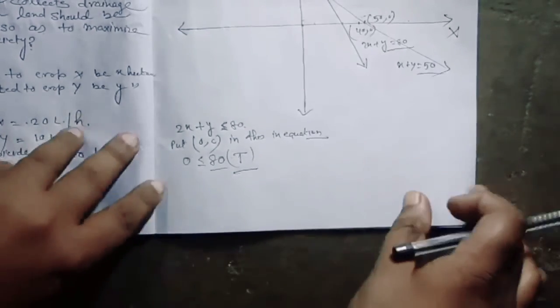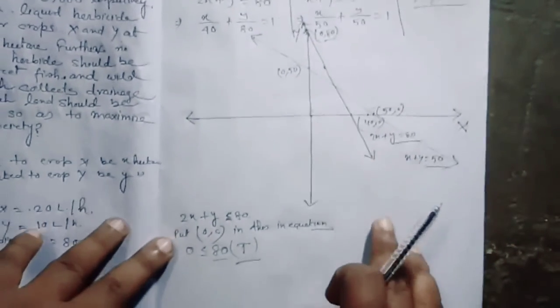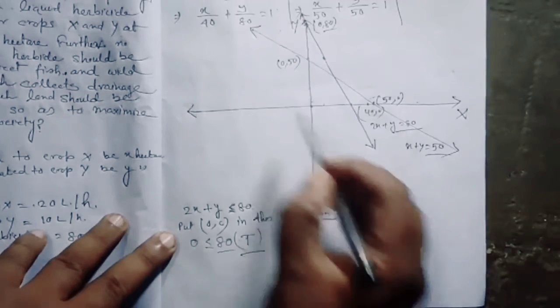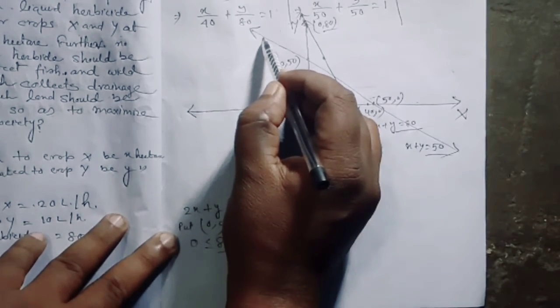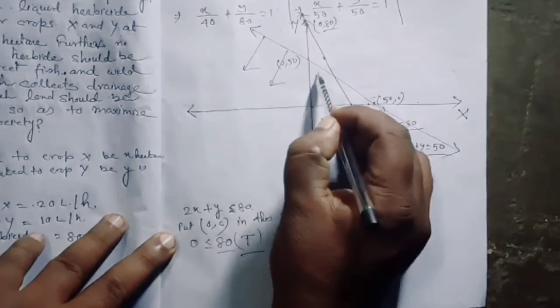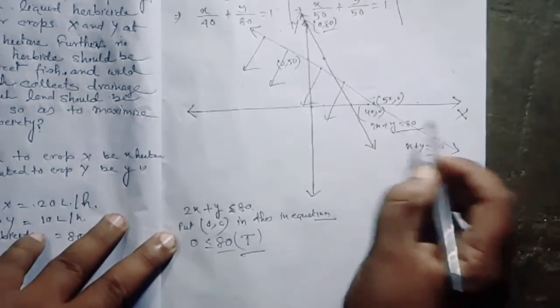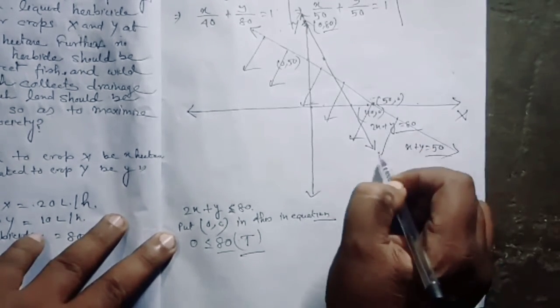So since 0 is less than or equal to 80, the region should be here, 0 lies over here.